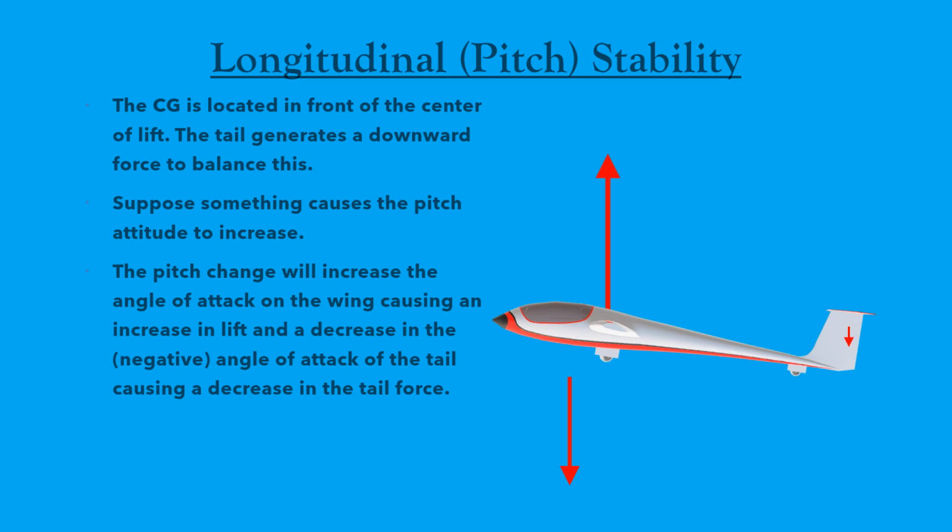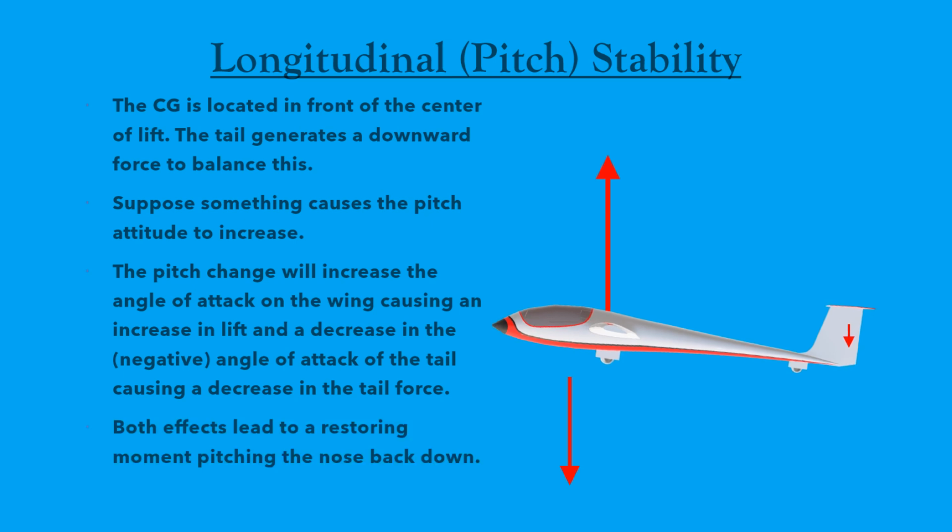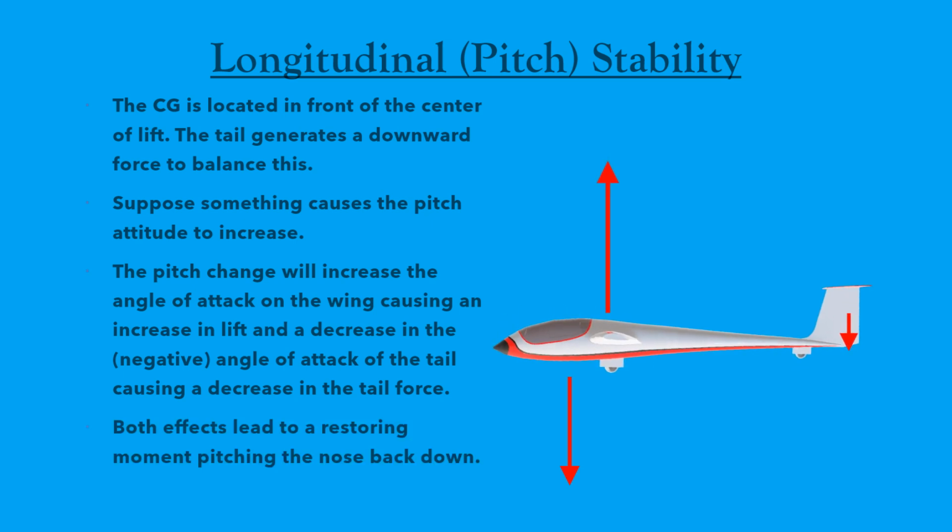At the same time, the angle of attack on the tail becomes less negative, which causes that downward force on the tail to become less. Both of those effects cause a nose down pitching moment, which will tend to restore the glider back towards its equilibrium steady state condition.